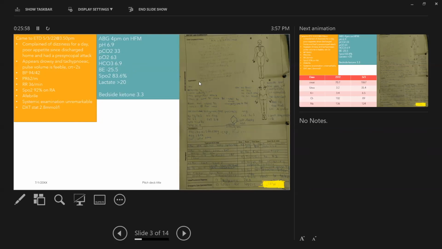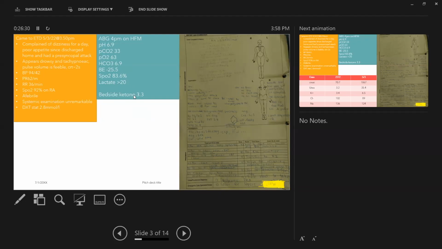Obviously, this yellow shade will convert into red after a while. pH is 6.9, PCO2 is 33. Sorry, the ABG is not taken on high flow mask, it's a typo, it's on room air. PO2 is 63, bicarb is 6.9, base excess of -25, SpO2 is only 83. You can see she has very profound hyperlactatemia, lactate of more than 20.